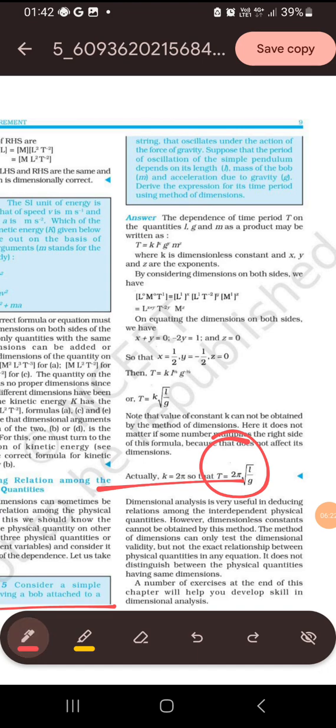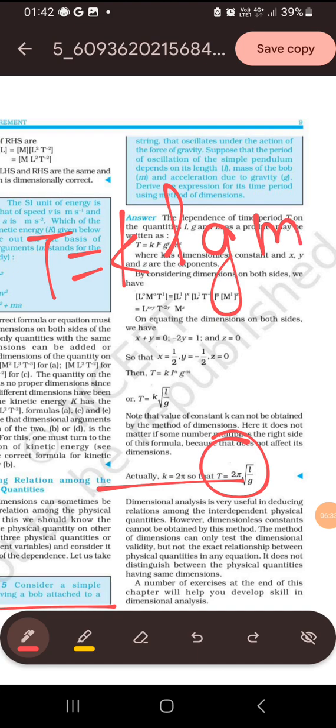Okay, we can write T is directly proportional to, removing the proportionality, we can write K, depends on length, gravitation, and mass. We can take the powers as x, y, z. For time period we know the dimensional formula: M power 0, L power 0, T power 1.